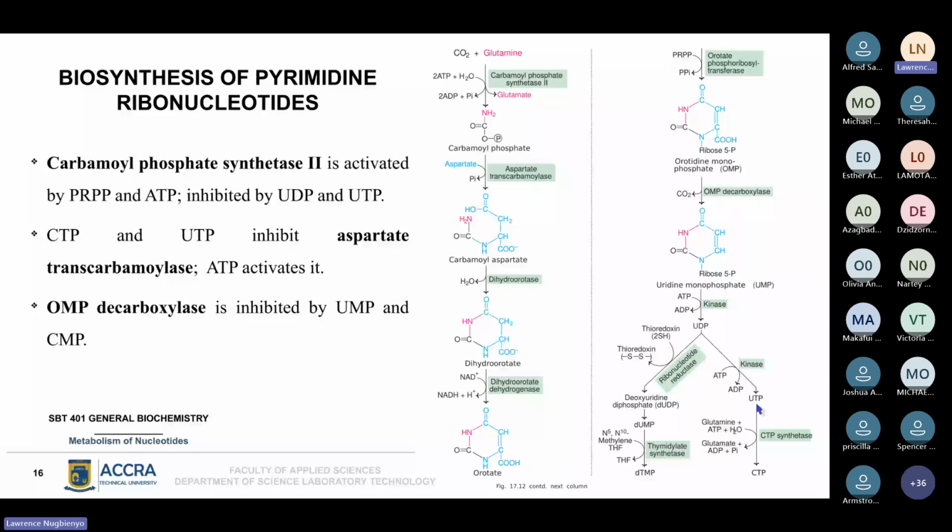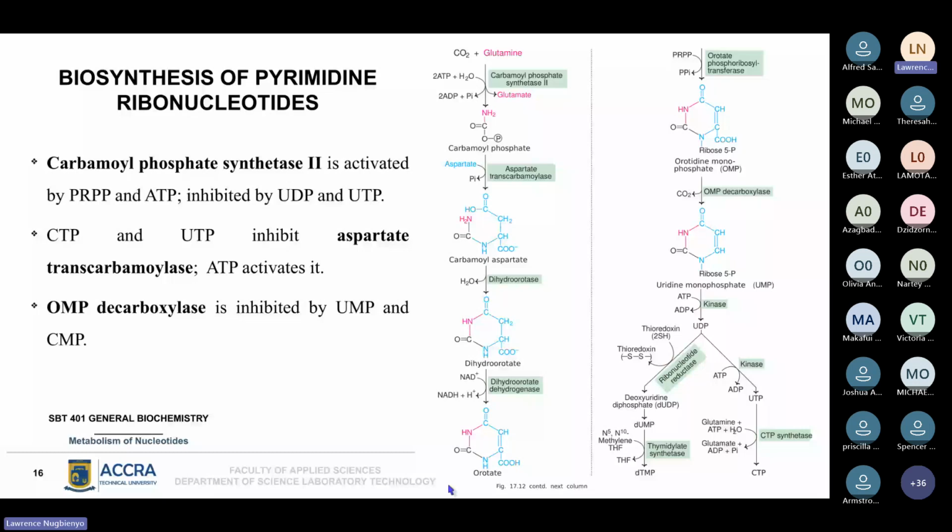So you have the synthesis of all these nucleotides from the three different nitrogenous bases, which are pyrimidines, which is cytosine, uracil, and thymine being formed in this pathway.